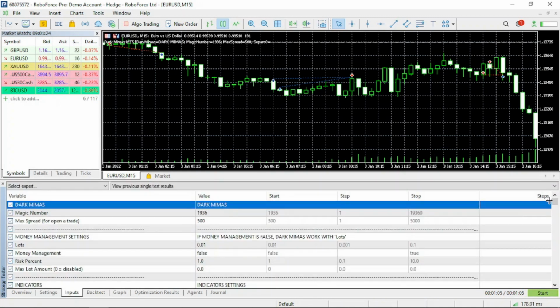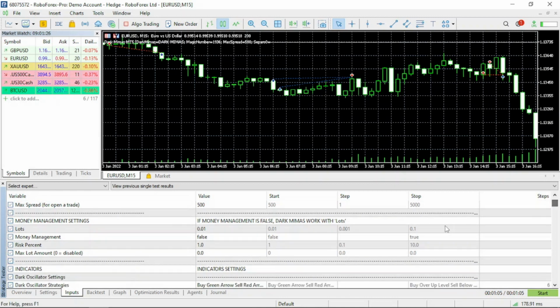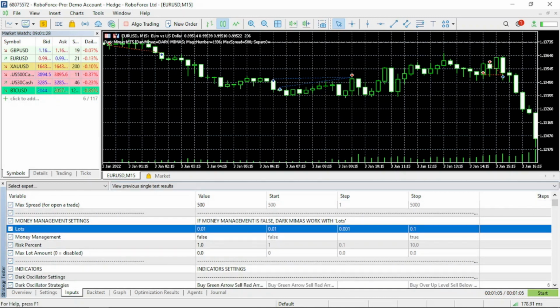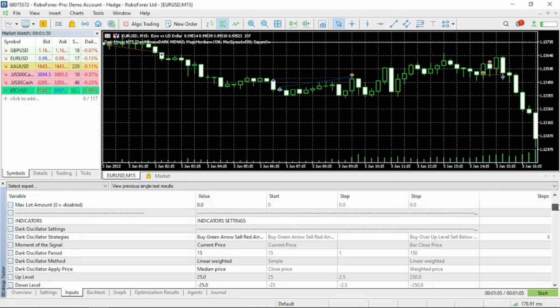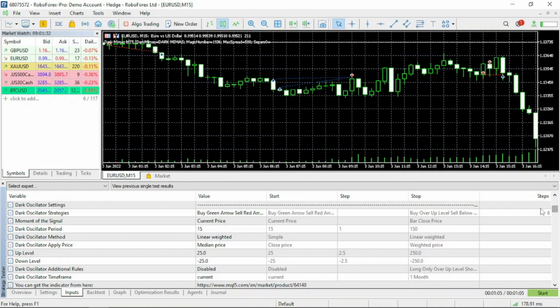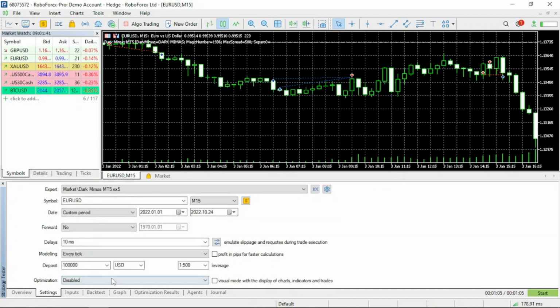Next, we are going to optimize for the different strategies that Dark Mimas can use. To do this, we're going to change to a fast genetic optimization. So under settings, under optimization, I'm going to select fast genetic based algorithm.